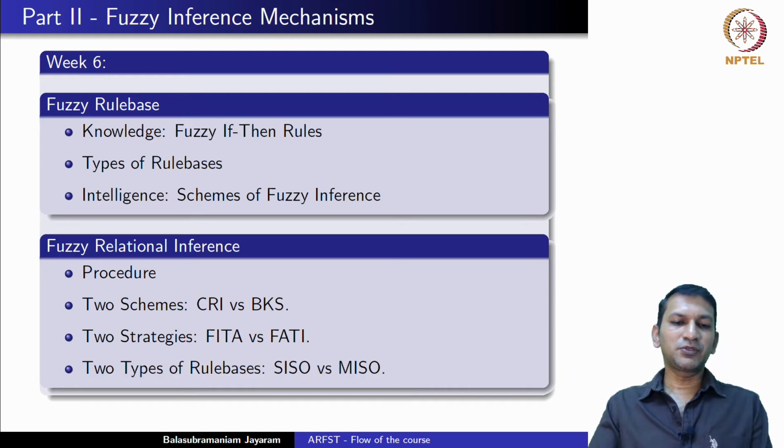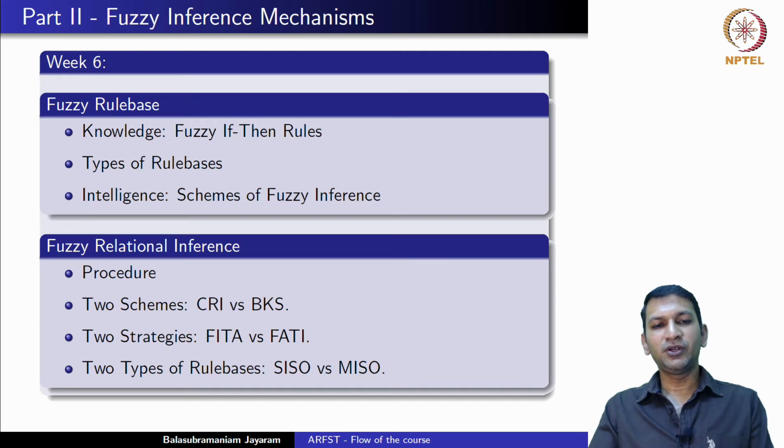There are also two types of rule bases to consider, whether it is a single input, single output, or multiple input, single output rule base. We will take a look at all these things related to fuzzy relational inference in week 6 of this course. This is the first major scheme of fuzzy inference.